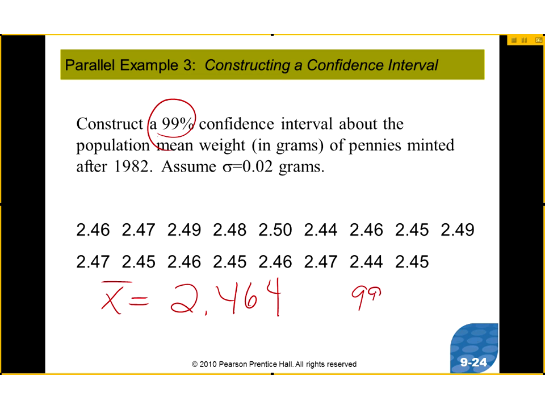Well, we could do 1 minus 0.99, which should give us 0.01. And remember, the area in our tails is half of that, so it's 0.005 here, and 0.005 here.